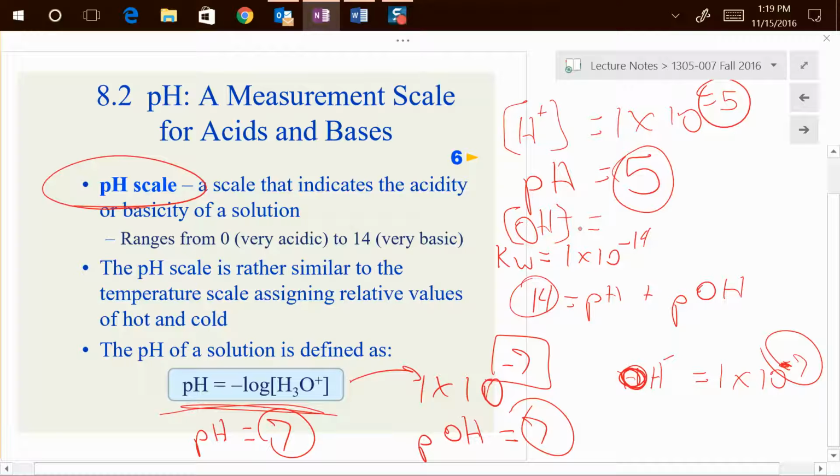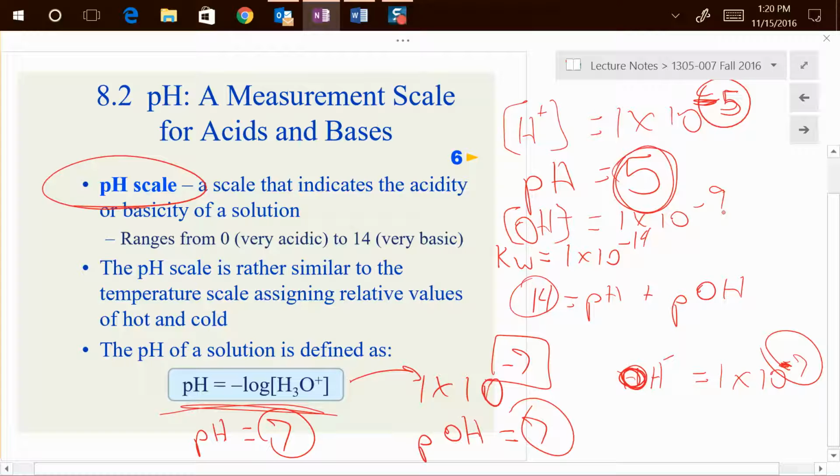If my pOH is 9, then my OH minus is what? Well, my pH is 5. My H plus ion concentration is 1 times 10 to the negative 5. So what's my OH minus ion concentration? 1 times 10 to the negative 9.